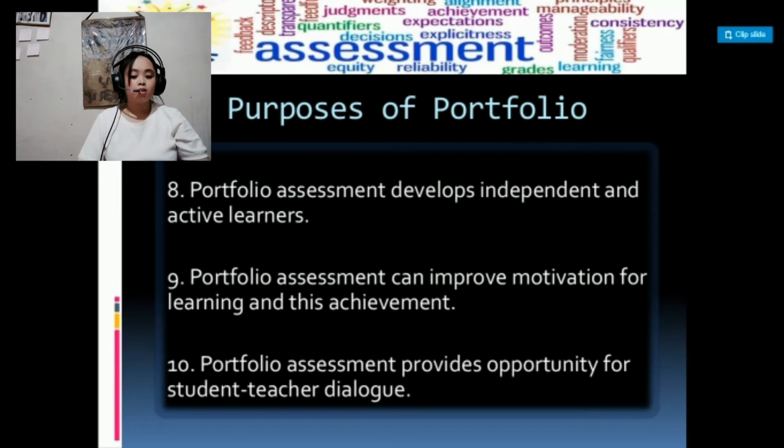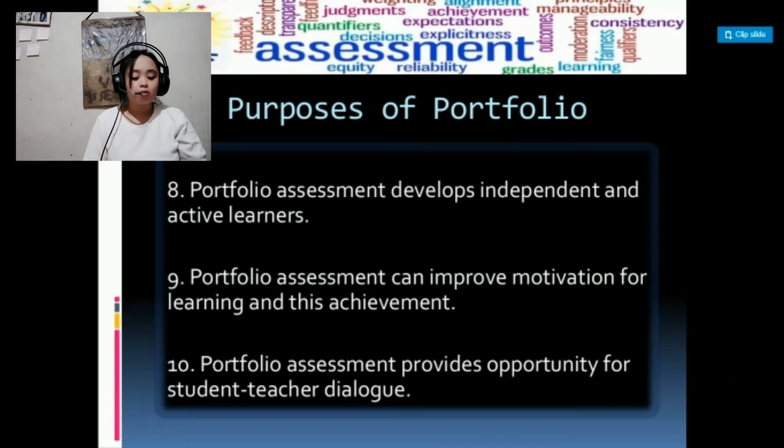Portfolio assessment develops independent and active learners, which lets students become more responsible in keeping and organizing their learnings in files. And next, portfolio assessment can improve motivation for learning and achievement, especially when the students see that they really have a good performance in class and receive good remarks from the teacher, so they will be more motivated to learn and to achieve more.